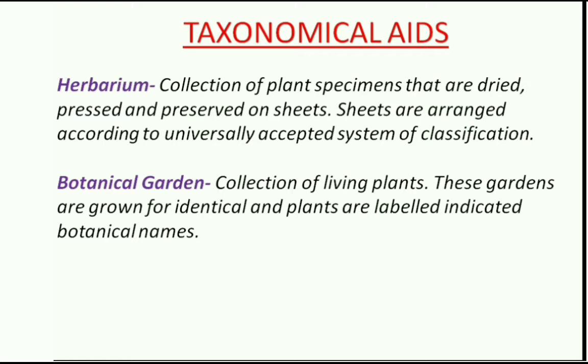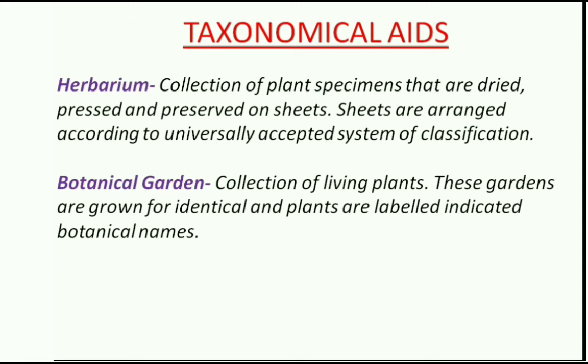It is a collection of living plants, and these gardens are grown for identification of the plants or to study them. Here the plants are labeled, or the botanical names of the plants are written.